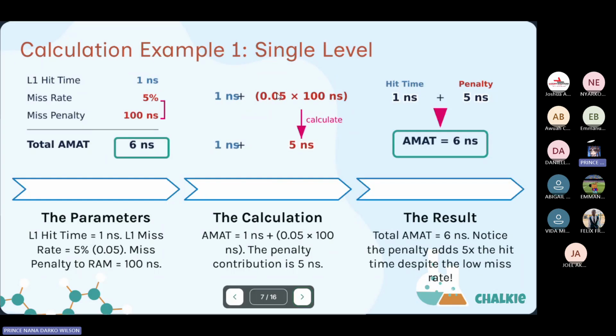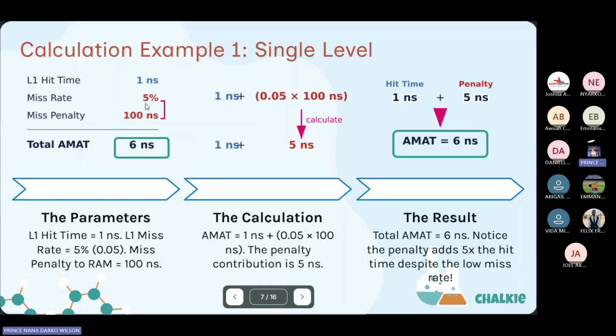So here's an example to calculate a single level. We've been given these values. The level 1 hit time is 1 nanosecond. The miss rate is 5%, so there's a 5% chance that we will miss a value from the table. And then the miss penalty is 100 nanoseconds.